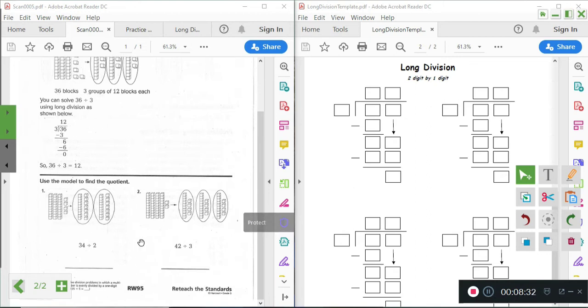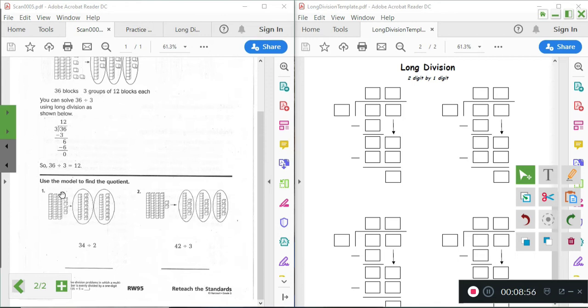All right. Using the model, we can find the quotient. This model shows us that we have 34 to start with, and we need 2 equal groups. Does everybody see that? All right, so I can see that I can put 1 10 into one group and 1 10 into another group.